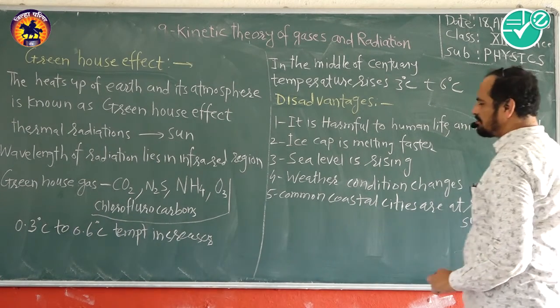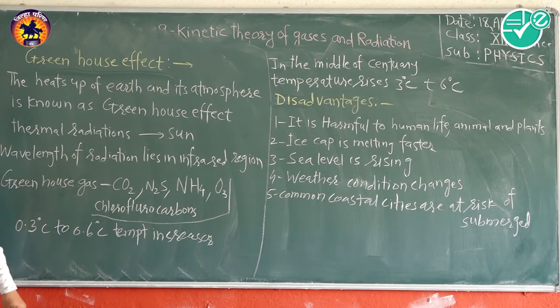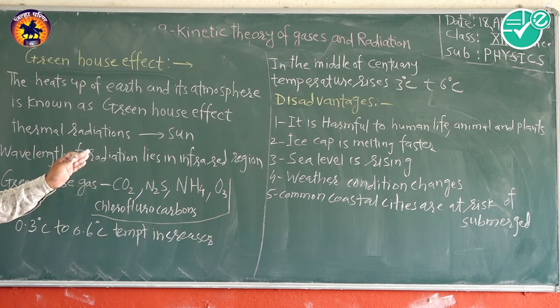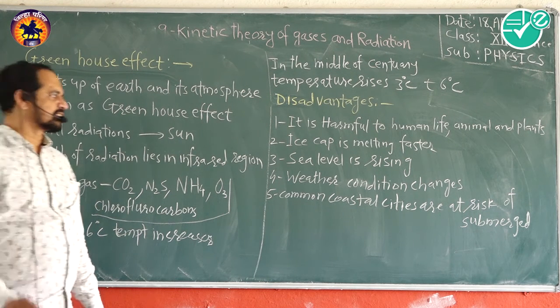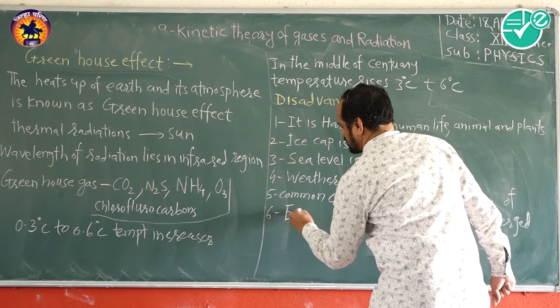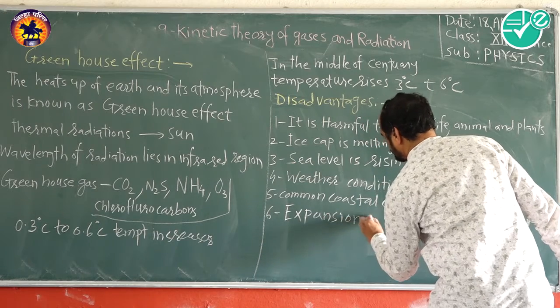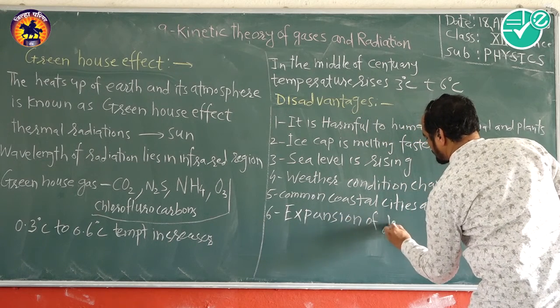There may be chances that the coastal areas, due to the faster melting of ice, the level of the sea will be rising, and due to that they will become part of the sea. And the last one is the expansion of deserts.